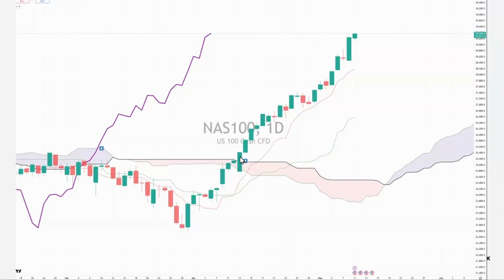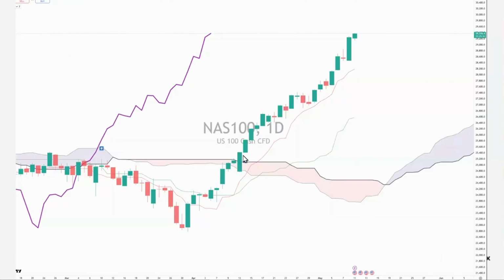What you can do is forecasting and say, well, if I enter above the high of this bar here, the purple line will be above the cloud. So I could enter on this bar as soon as it breaks the high here. I could enter on the assumption that at the end of that bar, the purple line will be above the cloud, and it was in this scenario. So I would enter here a couple of points above it, and I'm good to go.